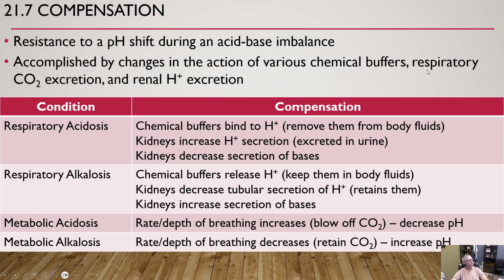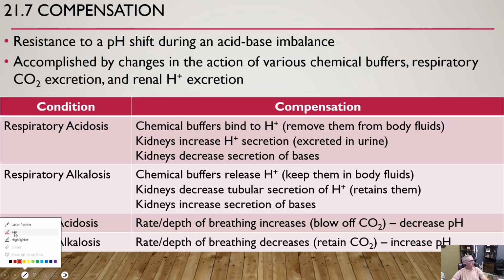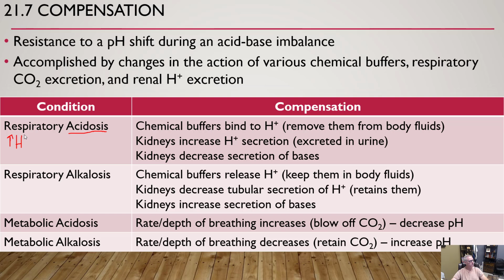All right, so with respiratory acidosis, we have too much acid. So we have too many hydrogen ions. The kidneys are going to get rid of hydrogen ions, so we're going to excrete those in the urine.